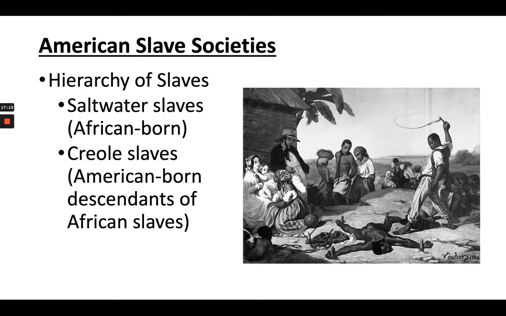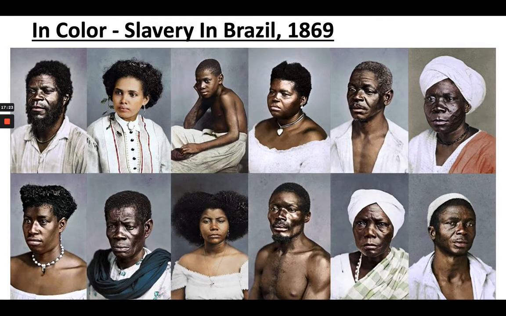And many of these Creole slaves would be mulattoes, so mixed race, as a result of the sexual exploitation of slave women. So you have this hierarchy of slaves created by slave owners, right? If they can keep slaves from uniting against them, if they can encourage infighting and rivalries within the slave population, that really benefits their power structure.